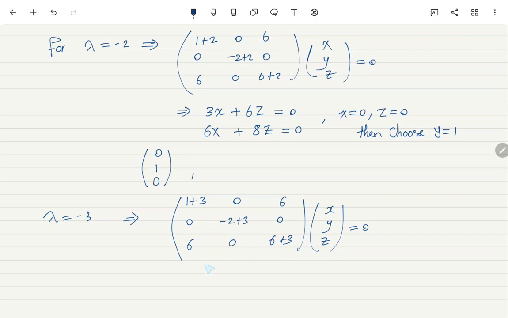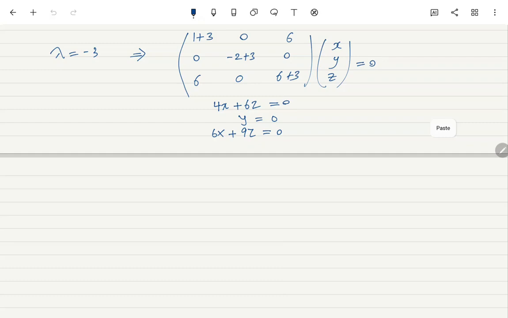This gives a set of equations: 3x plus 6z equals 0, y equals 0, and 6x plus 9z equals 0. Obviously, y equals 0. We cannot choose x or z equal to zero.